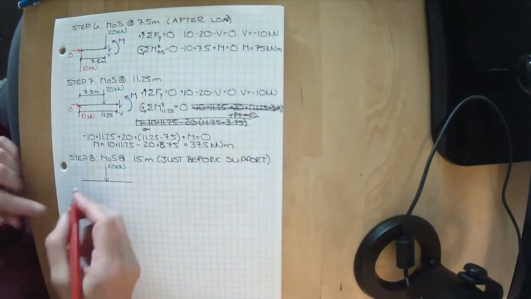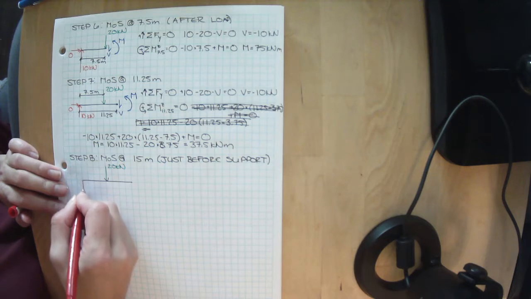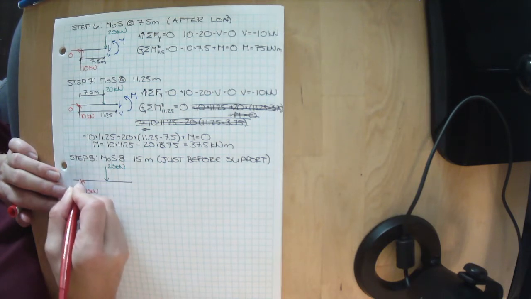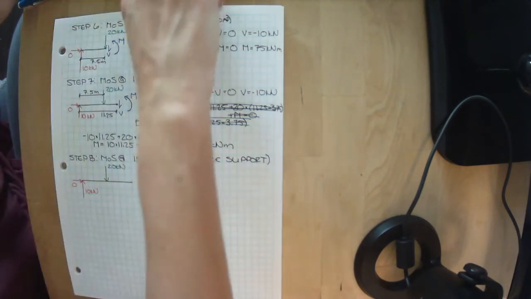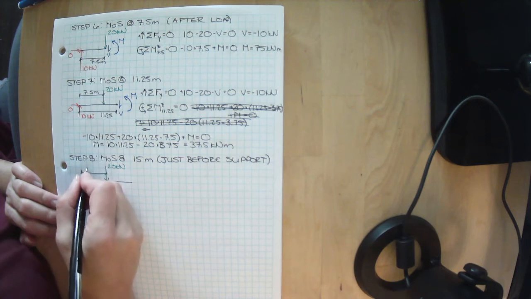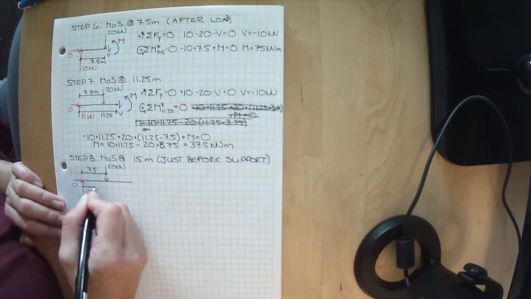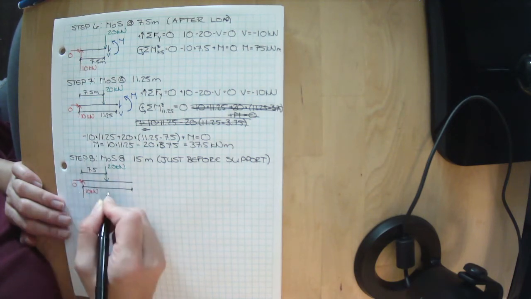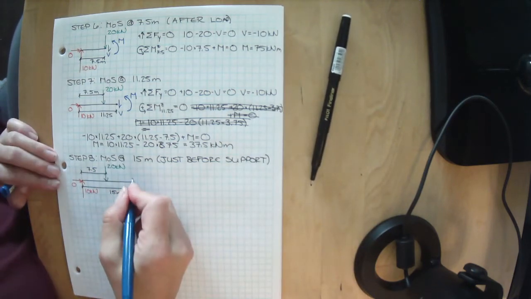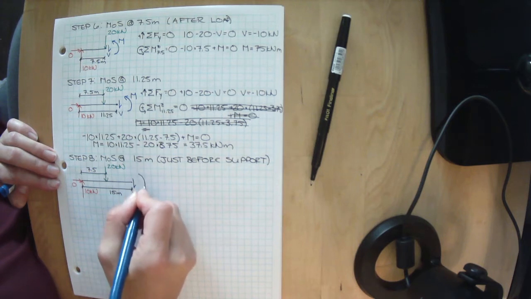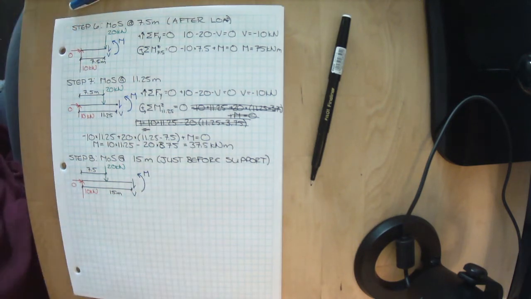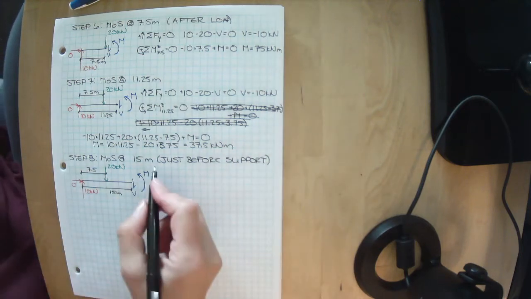We have a 10 kilonewton reaction. We know that's 0. We know that this occurs at 7.5 meters, and we're making our cut at just shy of 15 meters. And so there's an internal shear and an internal moment holding this in place, and we don't know what those values are, and we want to determine that.